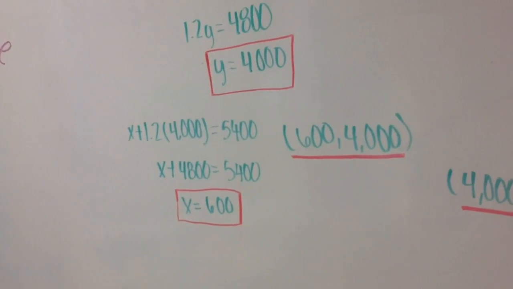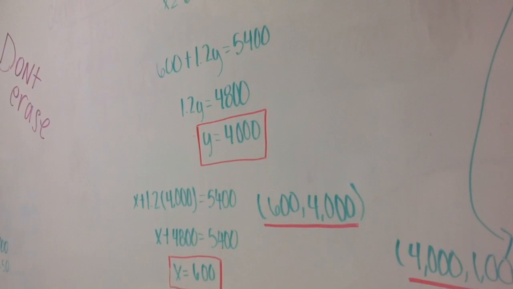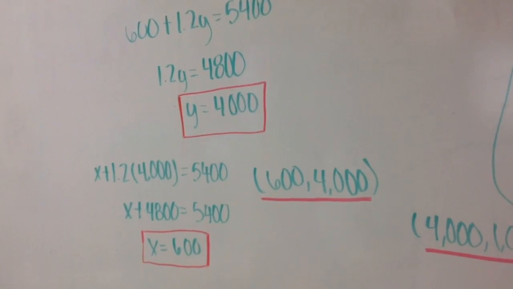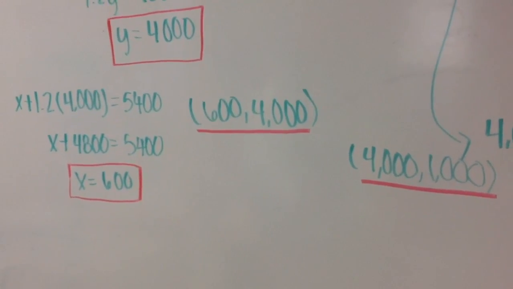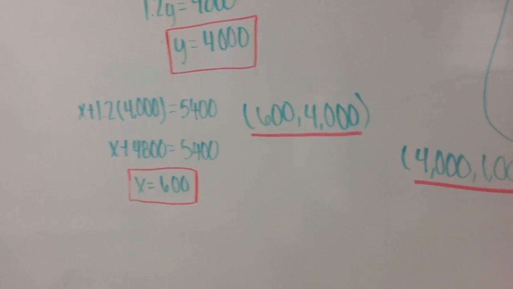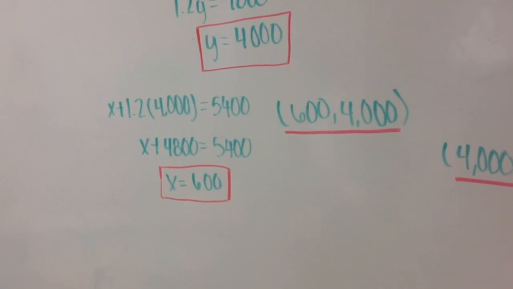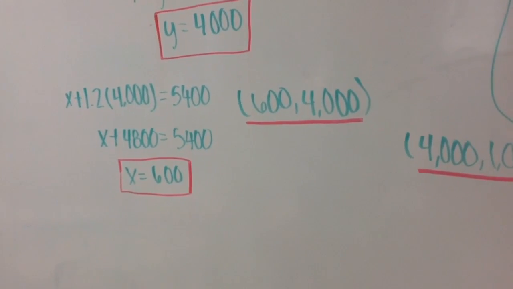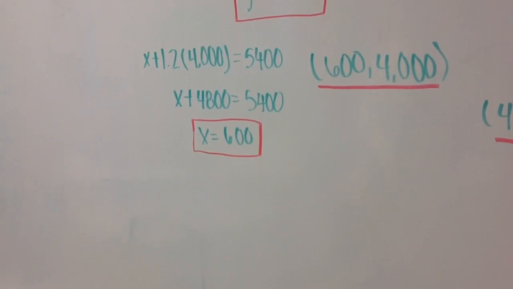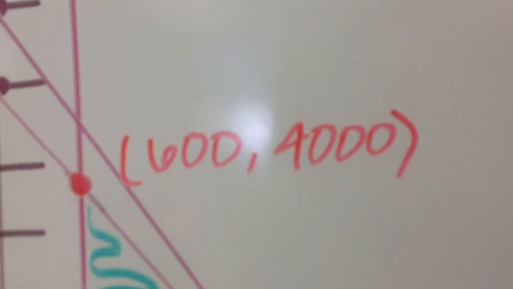And then we subtract 600 from 5,400. You get 1.2y equals 4,800. And then you divide by 1.2, and you get y equals 4,000. So the intersection point is 600, 4,000.